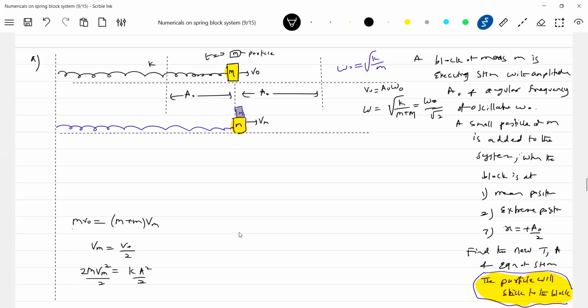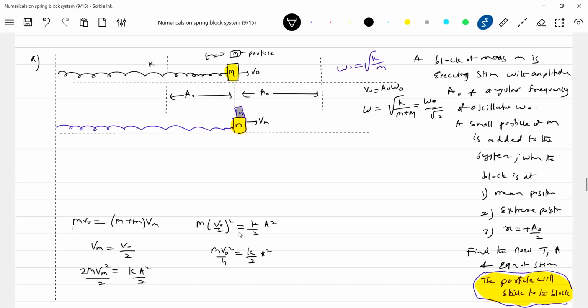Okay, let's write here. After solving this, Vm is how much? V naught by 2 whole square, K by 2, this is A square. V naught square by 4, K by 2 is A square. I'm trying to calculate the new amplitude. That's the only condition.